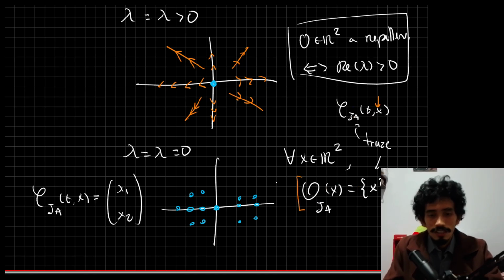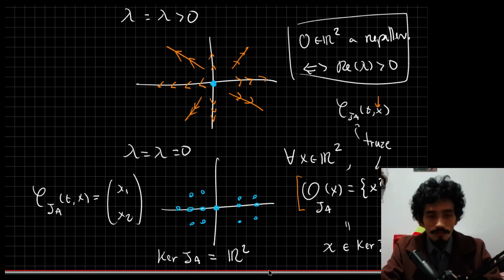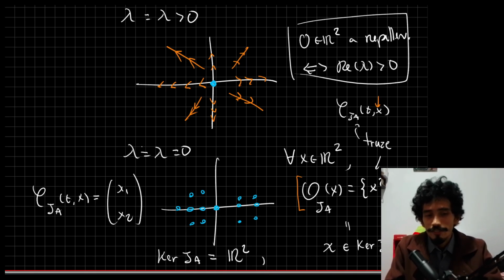So the orbits are just points, and this happens whenever x is an element of the kernel of the matrix that we are studying. So here it is equivalent to say that the kernel of this matrix is the whole plane. This makes a lot of sense because if the eigenvalues were equal to 0, then the matrix was actually the 0 matrix. So it makes complete sense.